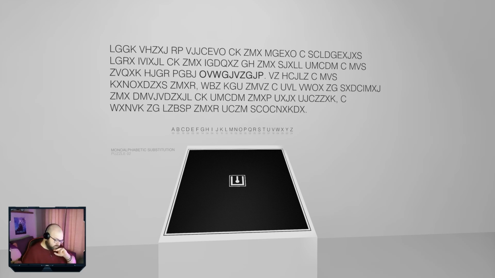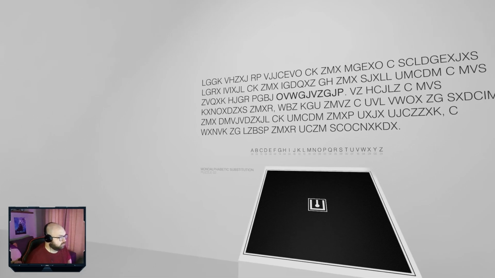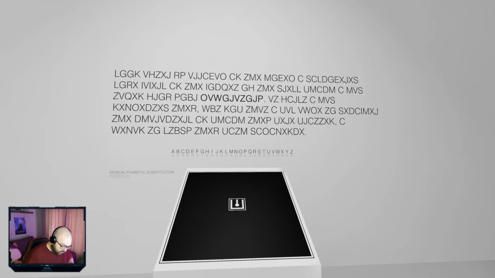CK. We need to work out what C is, or if we go CK, we can probably work out what C is. So we're looking for the small words, which is going to give us an extra clue. Sorry, I'm just sorting my notes out.